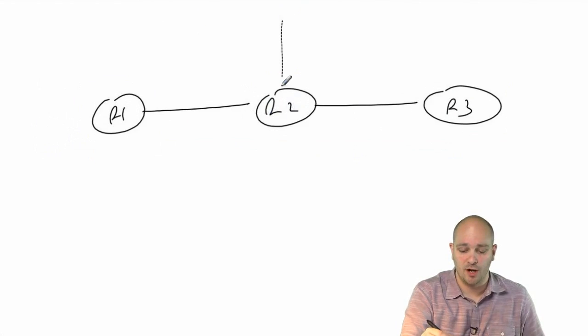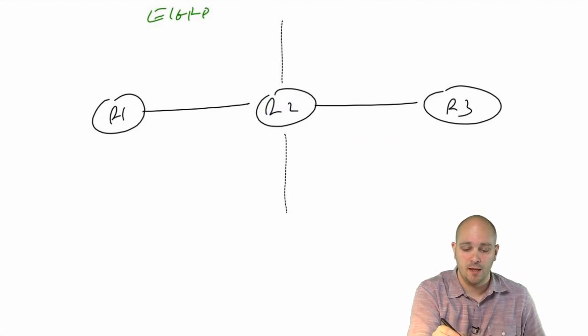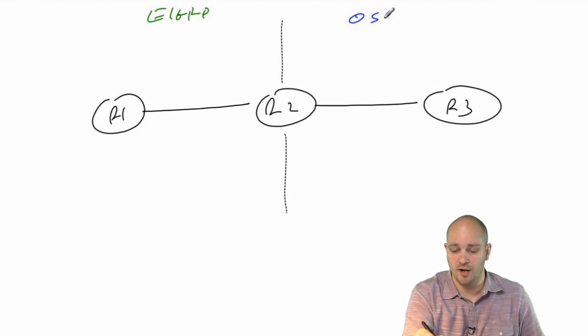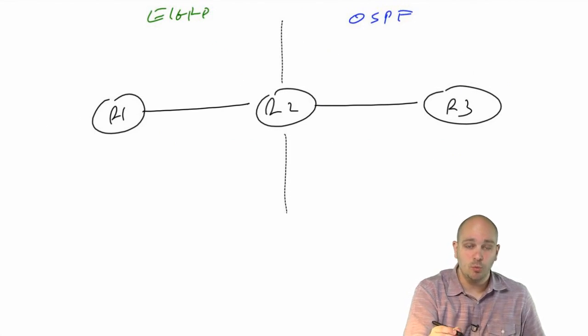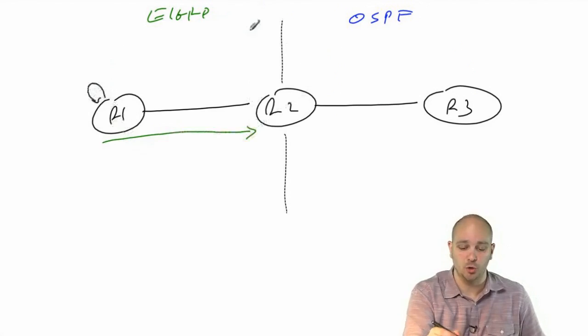As I said before, let's say that R1 and R2 are running EIGRP, and that R2 and R3 are running OSPF. So here R1 advertised some routes, for example its loopback, to R2.